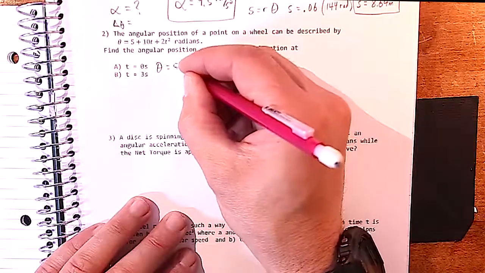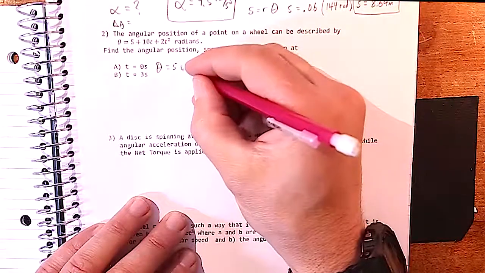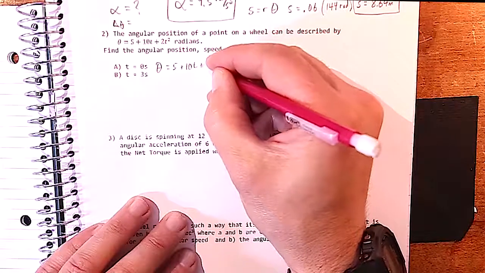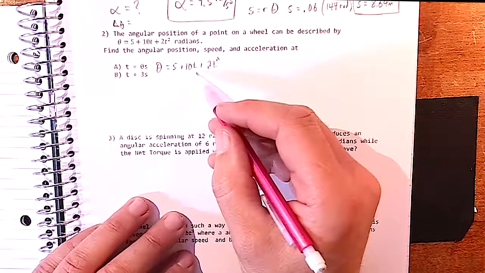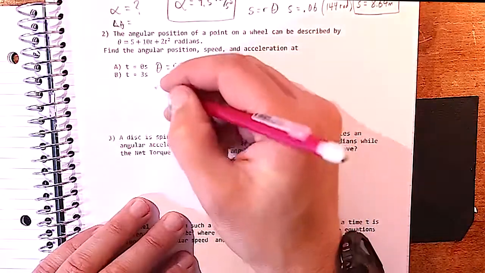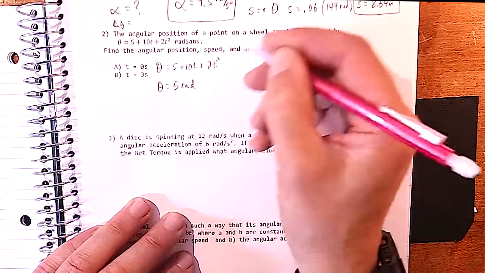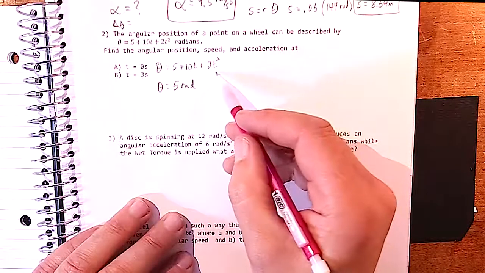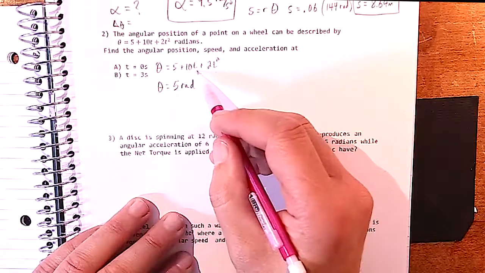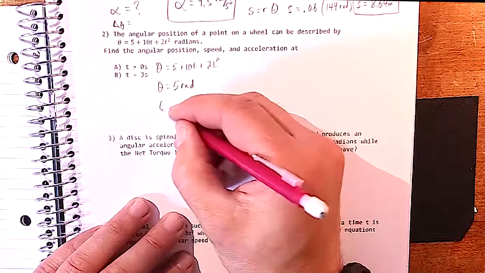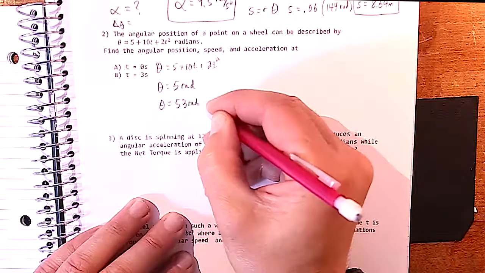So that would be 5 plus 10t plus 2t squared. So put in 0 for these, and theta just comes out to 5 radians. If we put in 3 seconds here, and we square 3 times 2, and 3 times 10 is 30 plus 5, then at 3 seconds we get 53 radians.